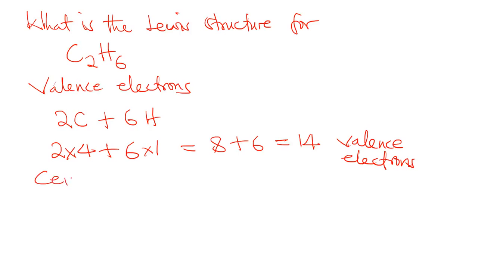Now we look for central atoms. In this case, we have 2 of them. Carbon is in small number, so we are going to have carbon and carbon. Each carbon is going to have 3 hydrogens. So each carbon should have the same number of hydrogens.